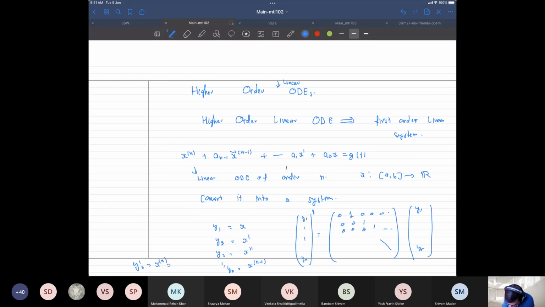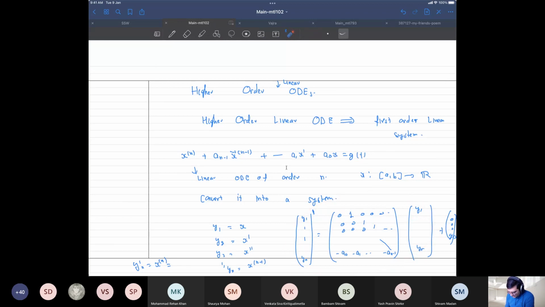This will be equal to basically these terms taken to the other side, so this will be minus a naught, minus a1, and in the end minus a_(n-1). Okay, and of course then you have to take 0 0 0 g(t) here. Okay, so why am I doing it? Because then if you want to study the existence and uniqueness for this, you go back to the systems.